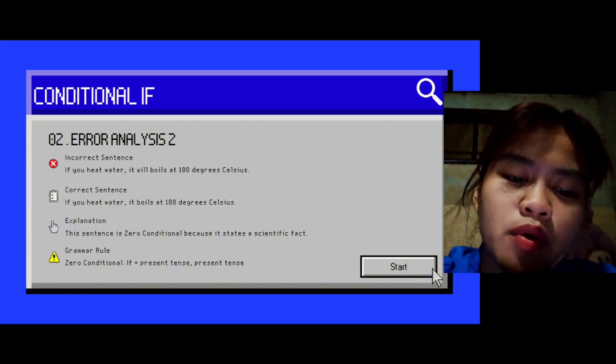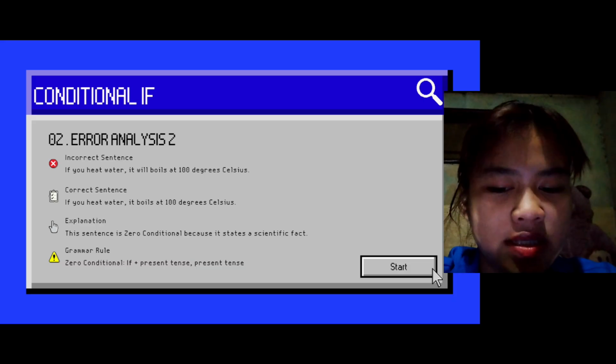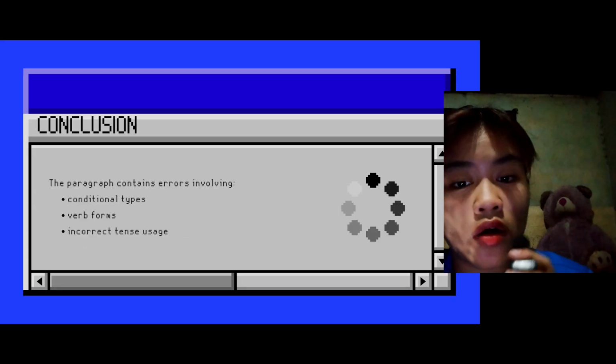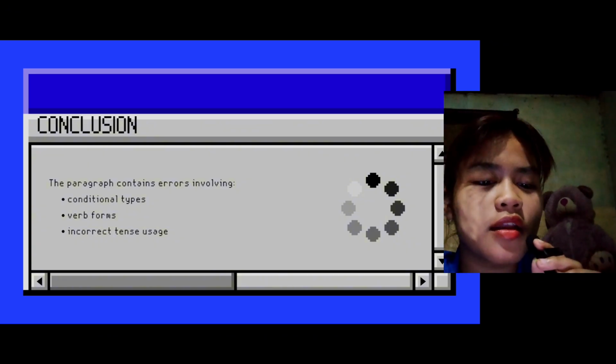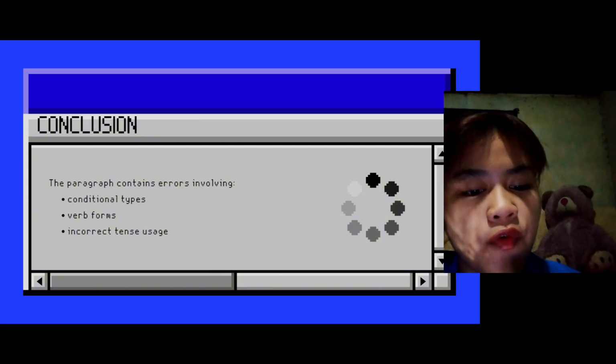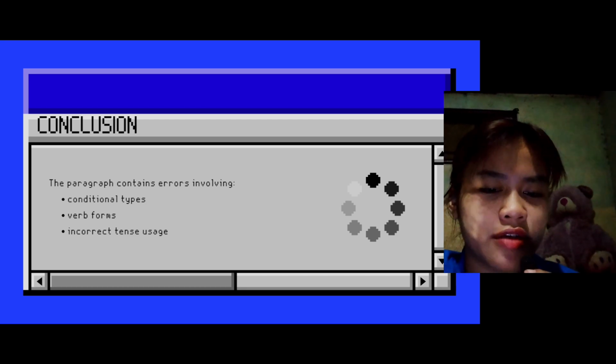Grammar rule: zero conditional is if plus present tense, present tense. So for the conclusion, the paragraph contains errors involving conditional types, verb forms, and incorrect tense usage.